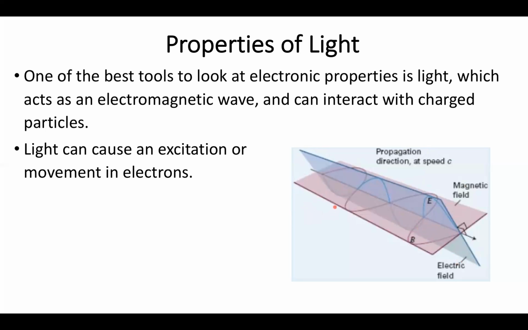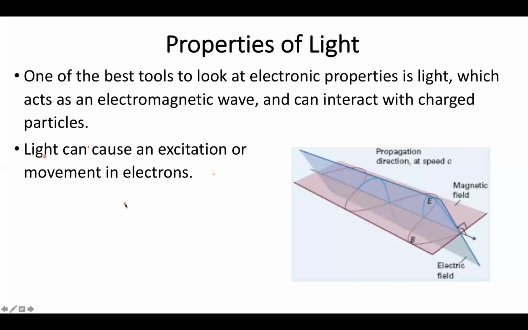I can move the electron. But the issue is, as we'll see later, due to quantization, I can't just willy-nilly move an electron with any type of light. Only specific types of light will cause very specific types of movement.